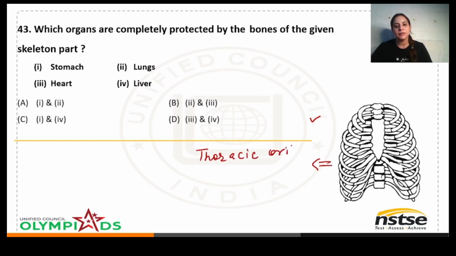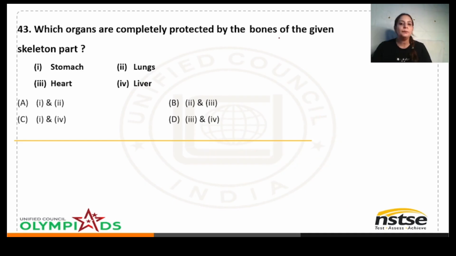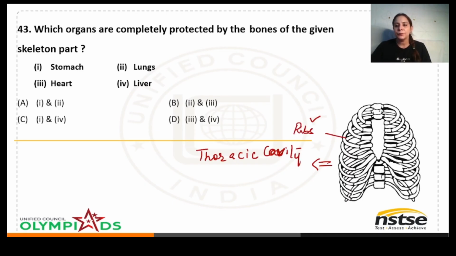Okay, it is present in the chest. Basically these are ribs, this is backbone, and lower to this there is a dome shaped structure, and we call it the diaphragm. It is also called the chest cavity.